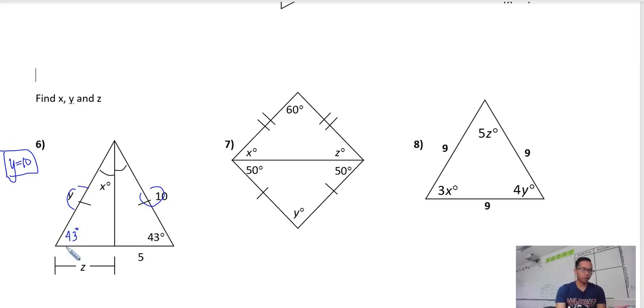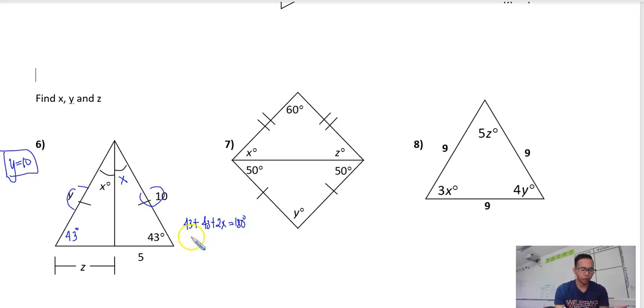Okay, so what I'm going to do is, because these angles are also congruent, I have another x there. So we have 2x now. So I'm going to add all of this using the triangle angle sum. So 43 plus 43 plus how many x's do we have? We have 2 x's is equal to 180 degrees.